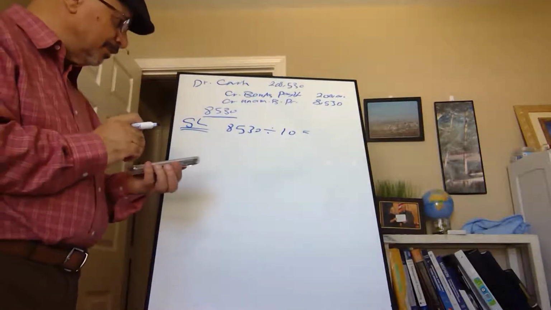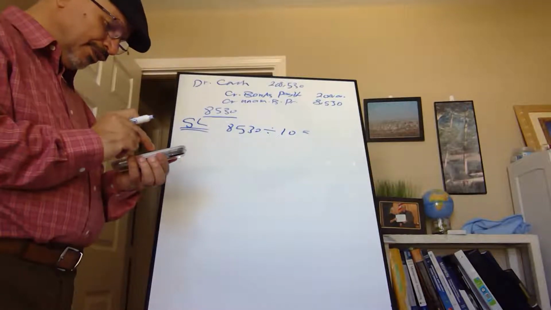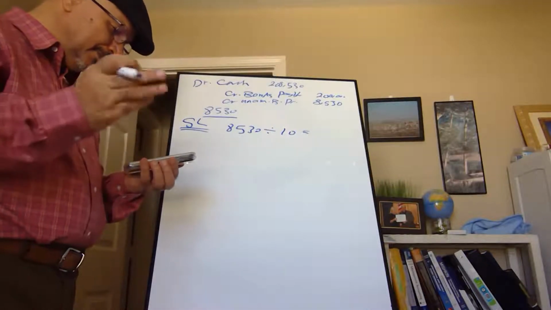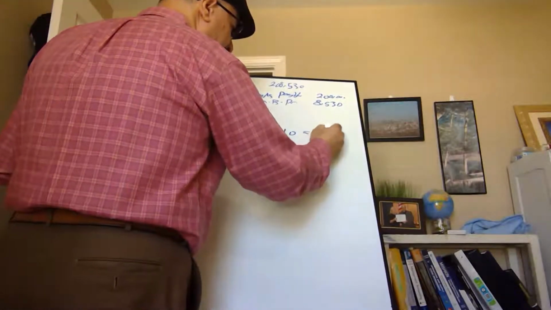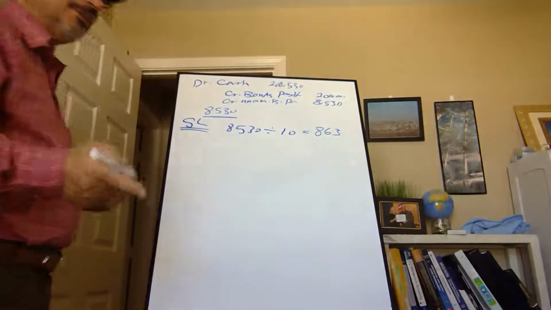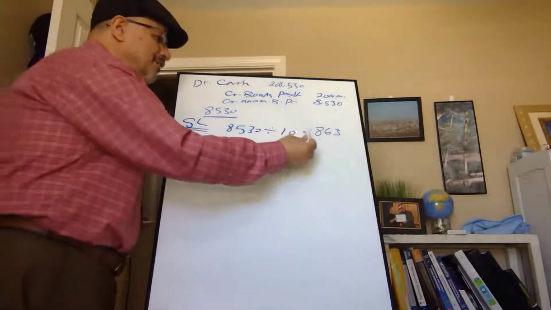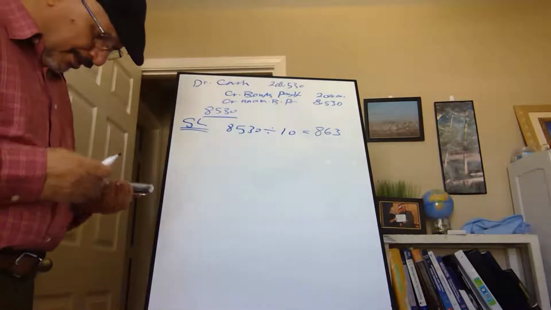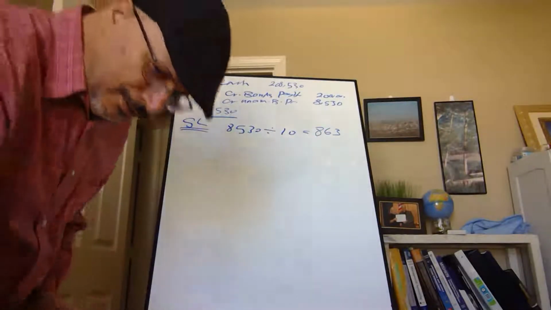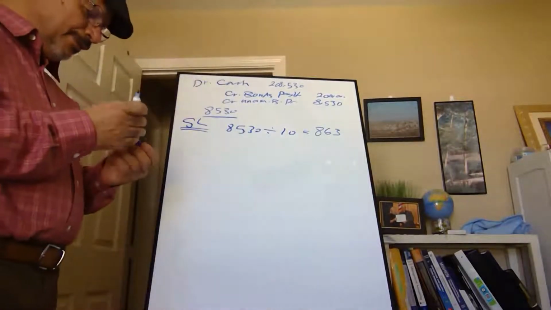So 8,530 divided by 10 is 853. So every time we pay interest, we have to amortize $853 from the unamortized bond premium.